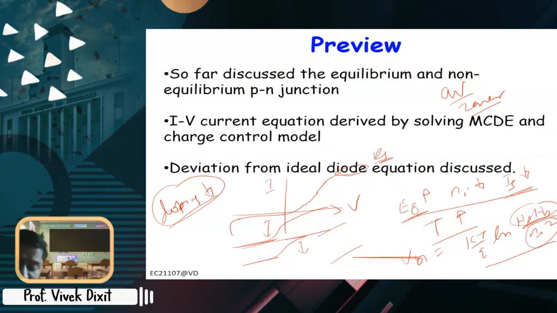But if you see the fundamental difference between these two mechanisms, in avalanche, what is happening? These carriers are getting energy and hitting the crystal somewhere and creating an electron-hole pair, right?